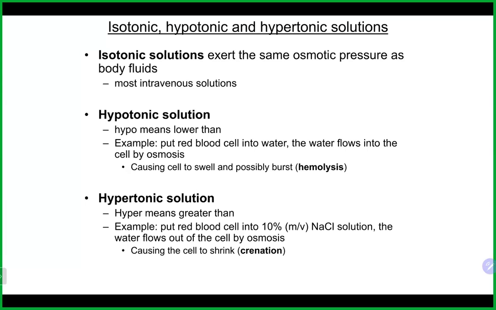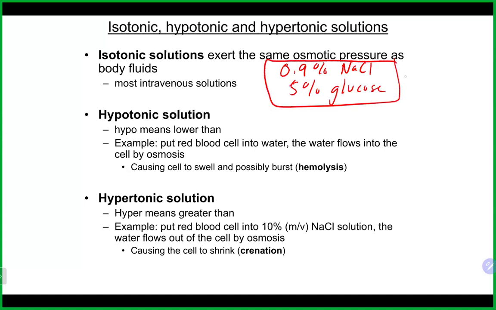So what is considered an isotonic solution? It is 0.9% sodium chloride, sometimes referred to as saline solution, or a 5% glucose sugar solution. These are considered isotonic solutions.